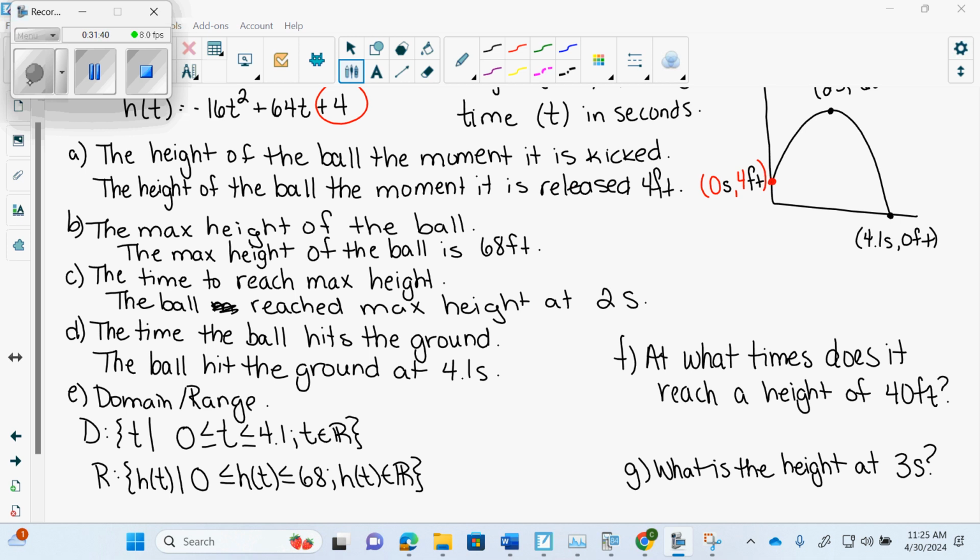So I go to my y2 because this is feet, so this is height. I go to my y2 and I'm going to put in 40. And then I can find the 2 times. So second trace 5. Enter, enter, enter, and I get x equals 0.7 seconds. And by x I mean t. 0.7 seconds.